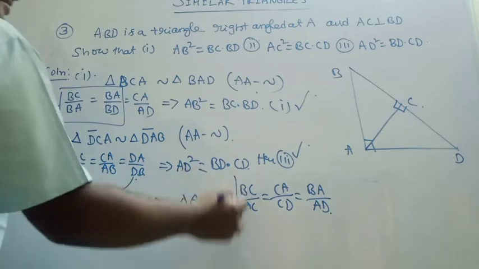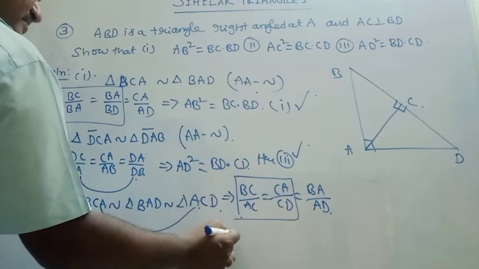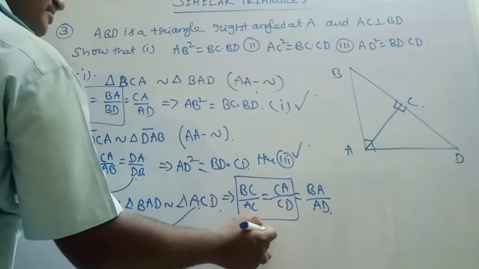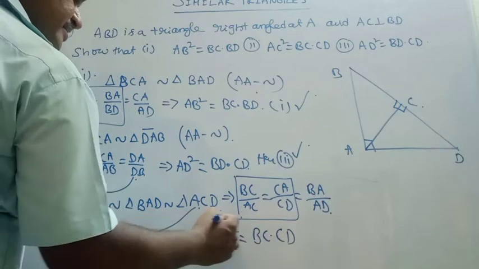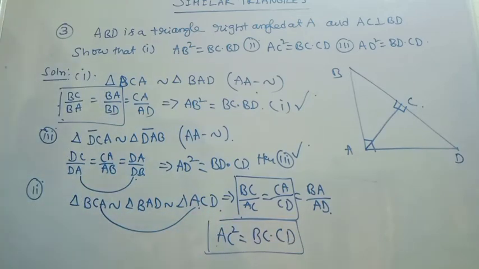Now if you take these two and do the cross multiplication, what will you get? AC square is equal to BC into CD. This is the way we get the second one.